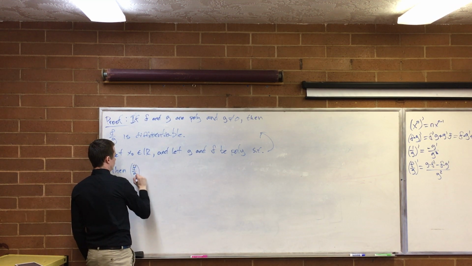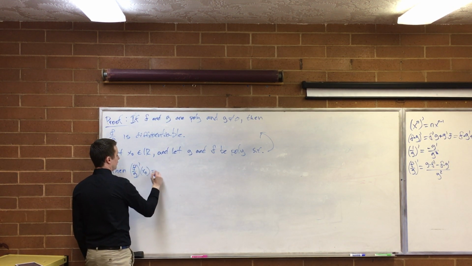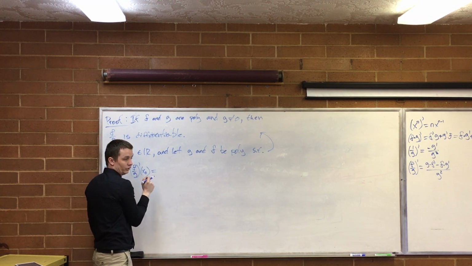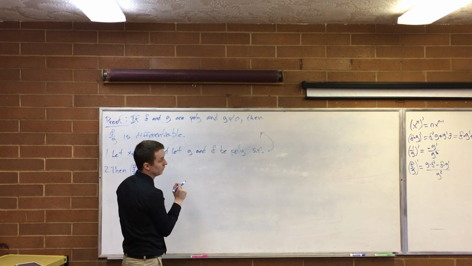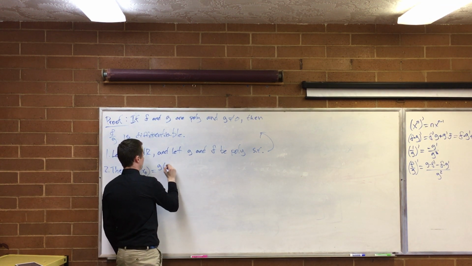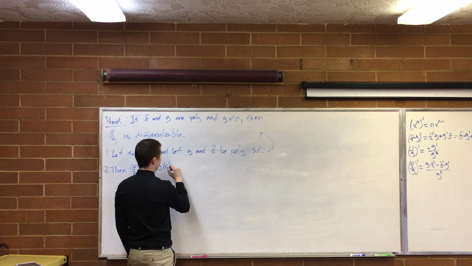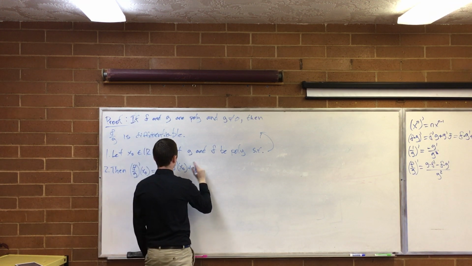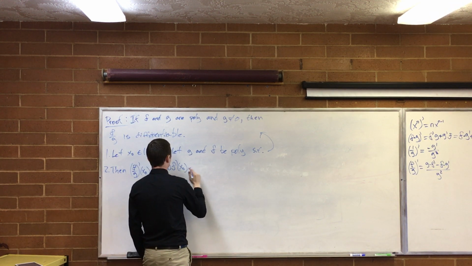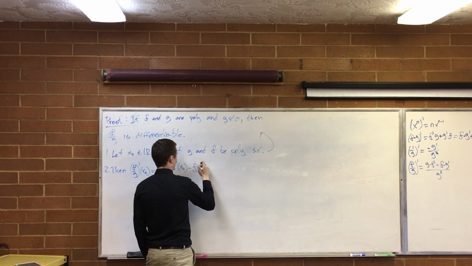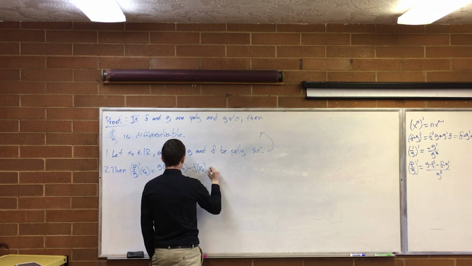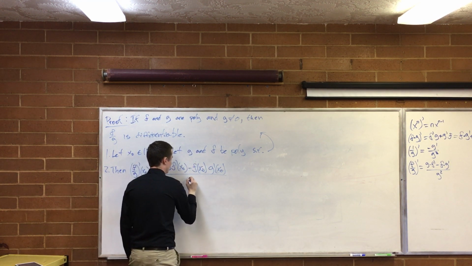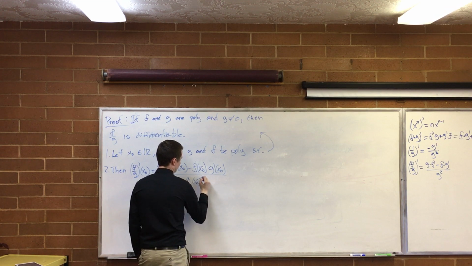Then f over g prime at x naught is equal to, just using the quotient rule directly, g of x naught times f prime of x naught minus g prime of x naught times f of x naught, over g of x naught squared.